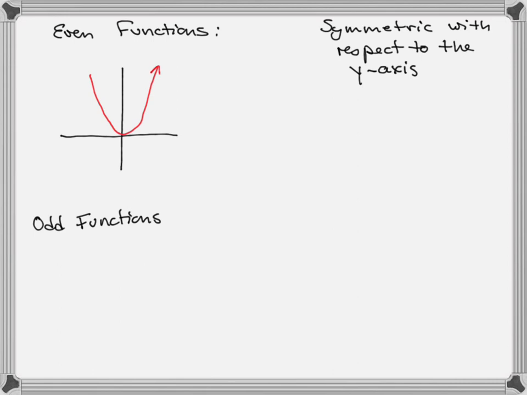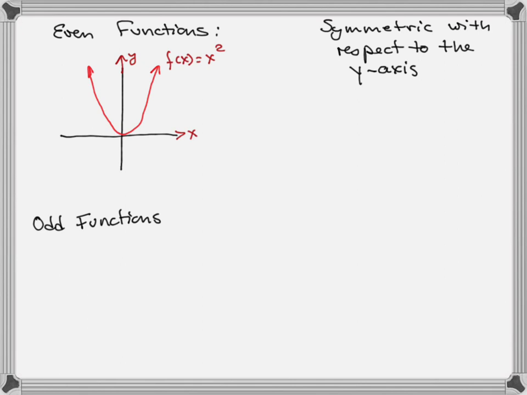The parabola is symmetric with respect to the y-axis. And another easy way, so the parabola is f of x equals x squared, the square function. The parabola is an even function. And of course, an easy way to see if we have an even function is, look at the exponents. If all exponents are even, then you have an even function. Simple as that.